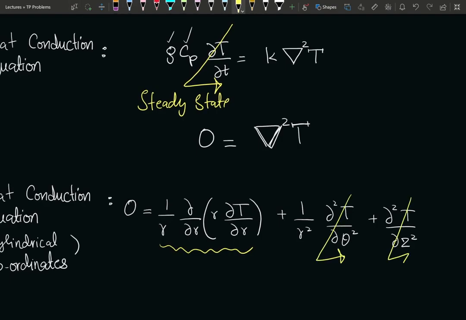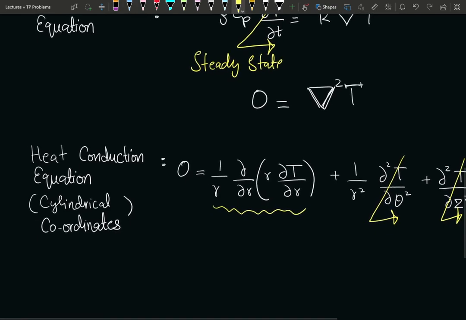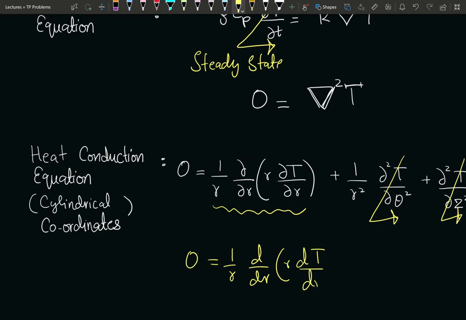Our final governing equation: 0 equals 1/r d/dr of r dT/dr. Now partial derivatives have been replaced with total derivatives because T is just a function of radius. It's not a function of the axial length, and it's not a function of theta.